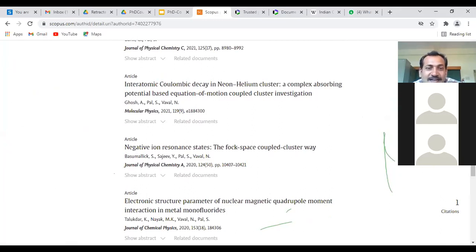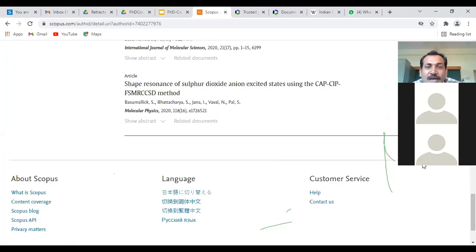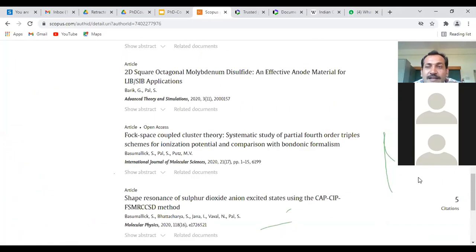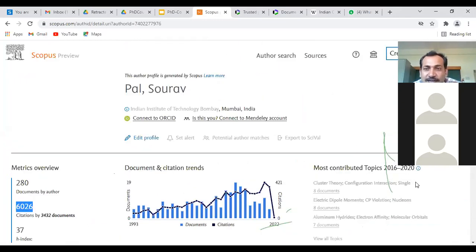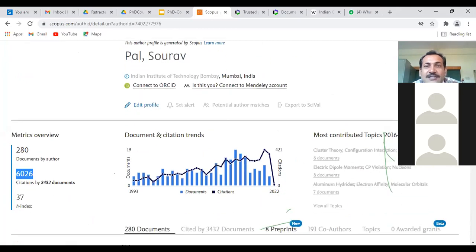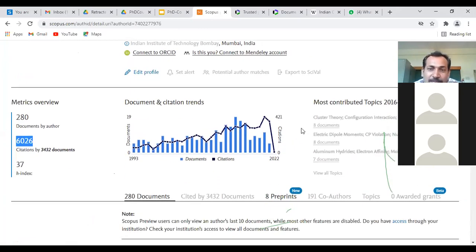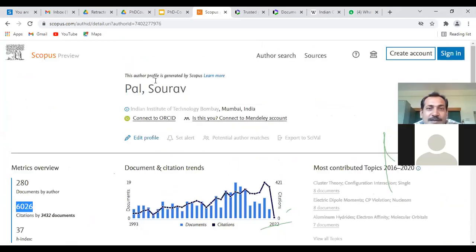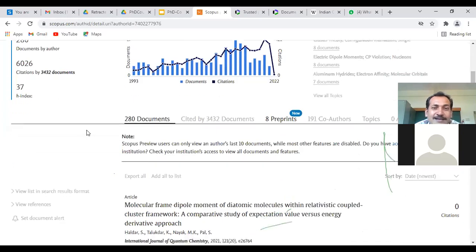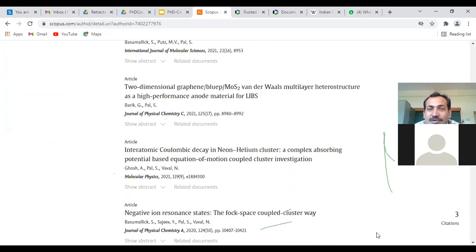It is cited 3 times. If we have access to the paid version, then we will see all the details. So all these things can be observed regarding this particular author. Okay, so this is how we can use Scopus as a research tool. So Scopus can be used in this way.